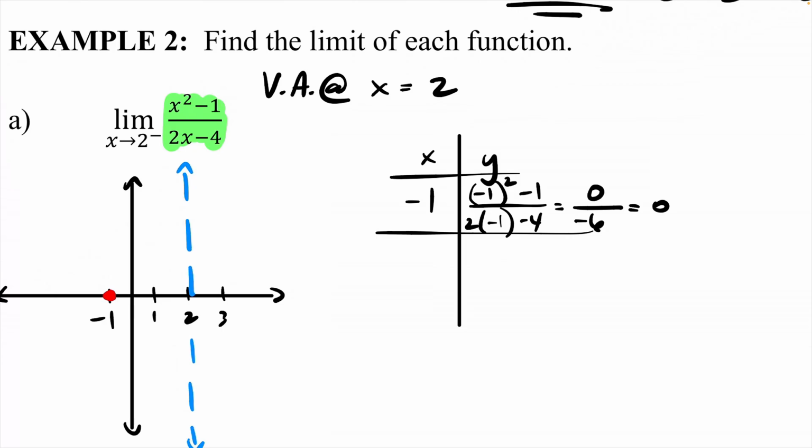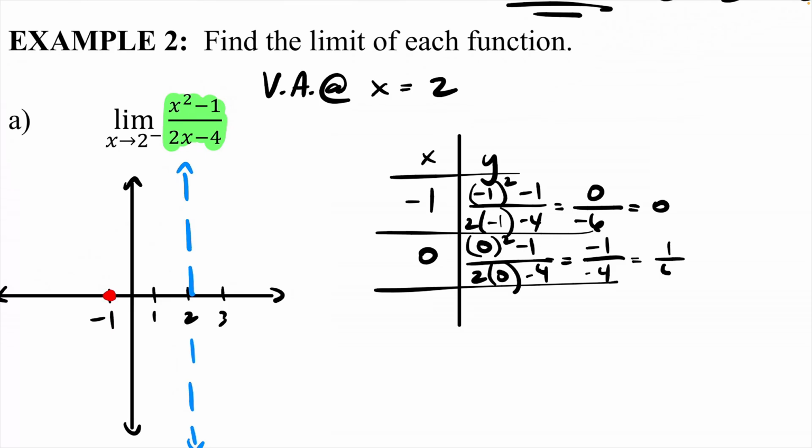So let me get closer. What's the next x value that's closer to the blue line? 0. Plug in 0: 0 squared minus 1 over 2 times 0 minus 4. So 0 squared is 0, minus 1 is -1. 2 times 0 is 0, minus 4 is -4.